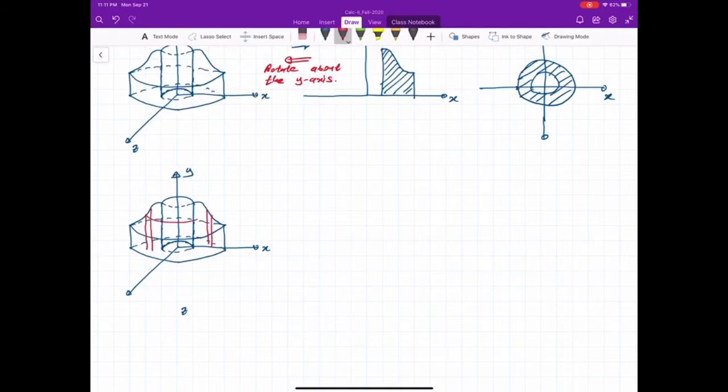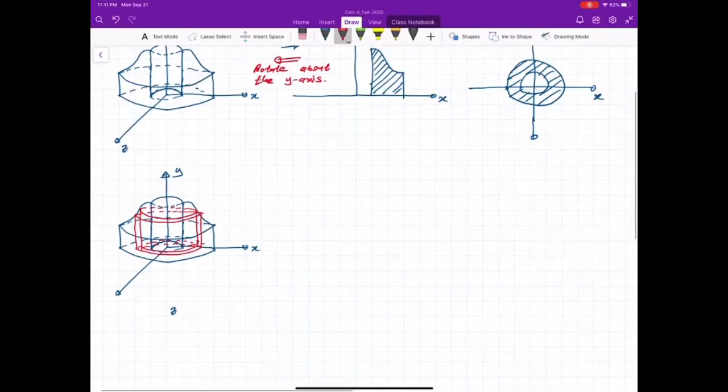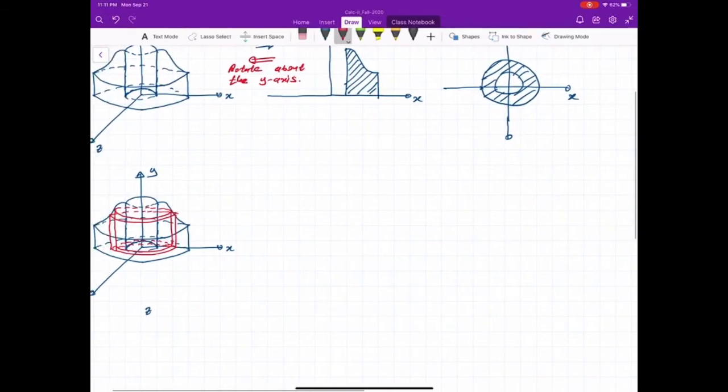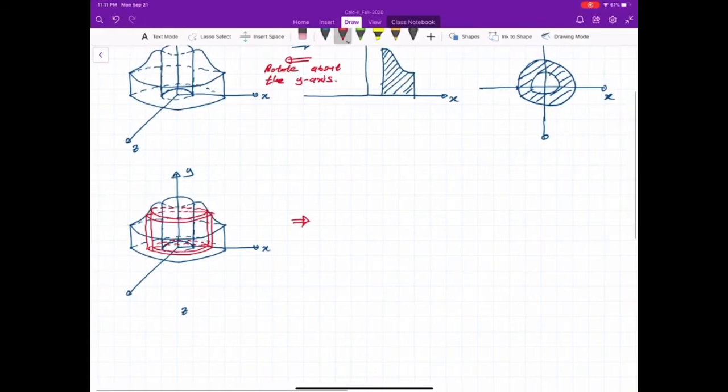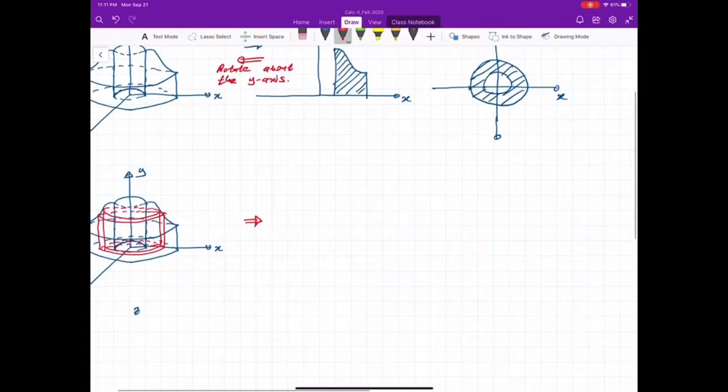So this is the shape of the cylinder. These are the cylinders that we make. You take the cylinder out, and then it should look like this.